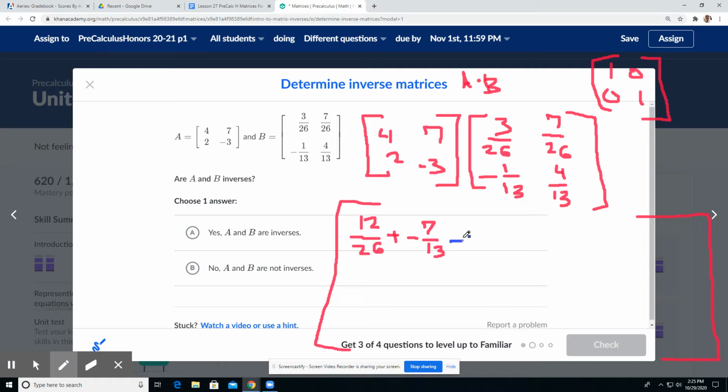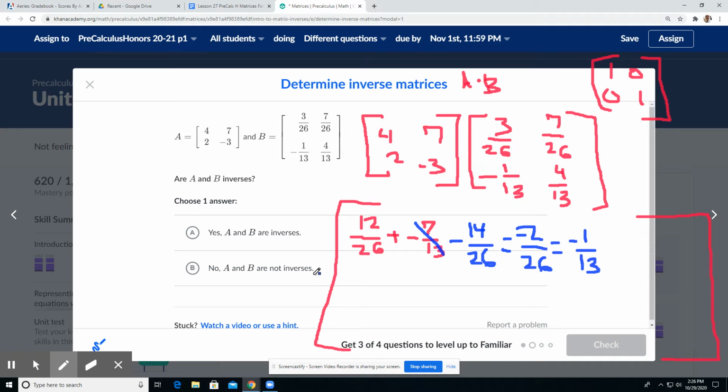This turns into -14 over 26. And 12 minus 14 over 26 equals -2 over 26, which is -1 over 13.